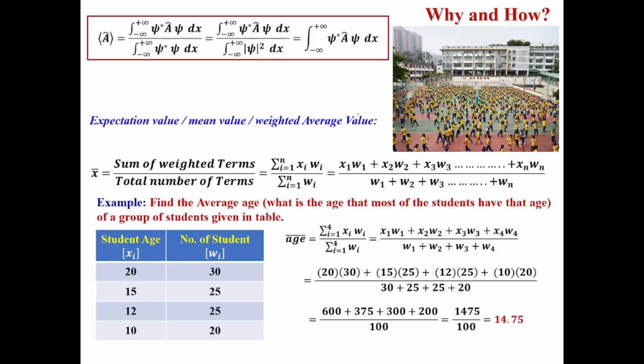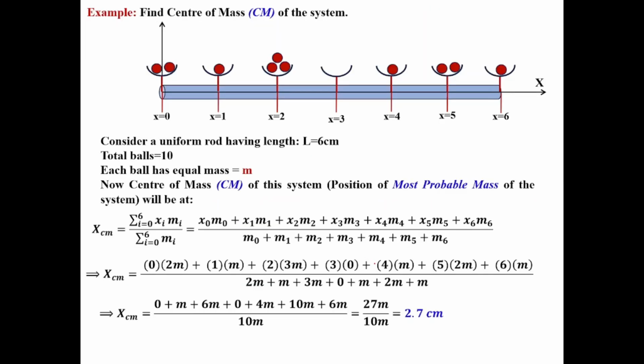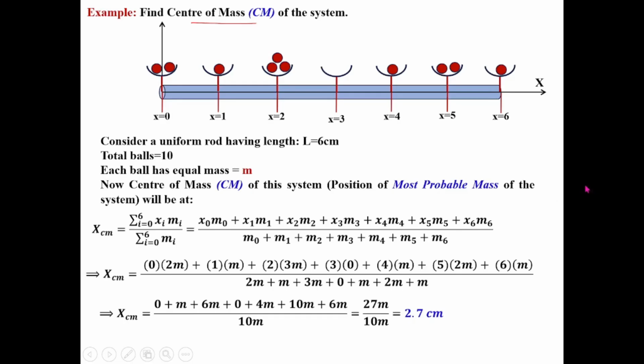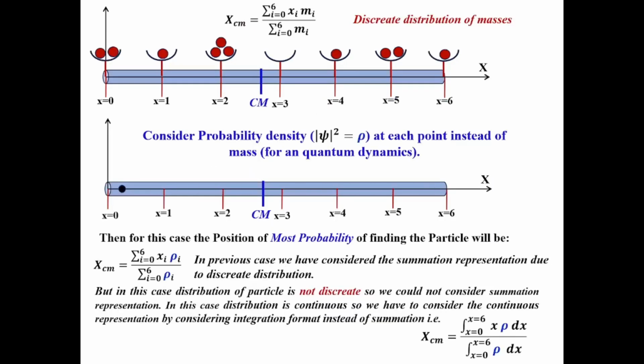One is the average age or mean age of a group of students, and another one, the center of mass of a discrete distribution of masses of a rod. Okay, and this distribution of masses is connected to the quantum dynamics.